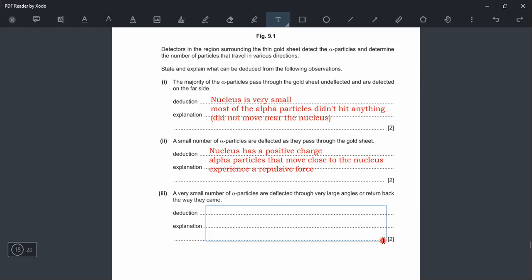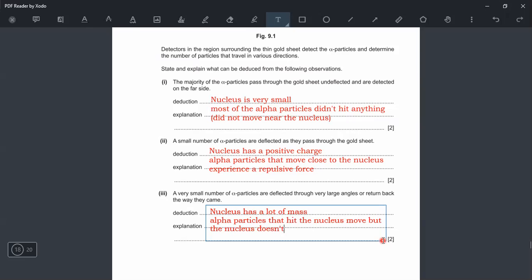Because these alpha particles hit the nucleus, which means that the nucleus has a lot of mass, almost all the mass of the atom. What's the explanation to that? Because the alpha particles hit the nucleus and move, but the nucleus doesn't.